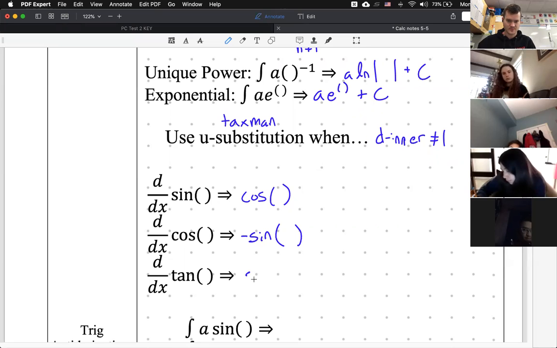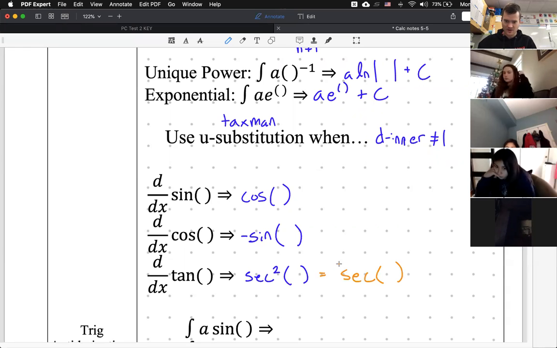Secant squared of whatever. Everyone remembers that this is really the same thing as secant of that thing, all to the power of 2. Whenever I have a 2 right there, it's just a shorthand way of writing that.